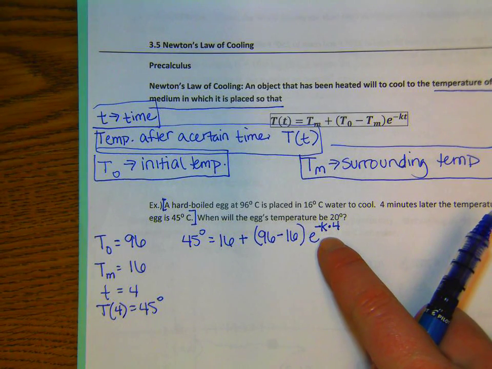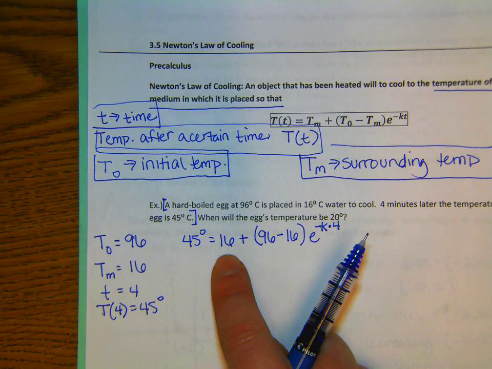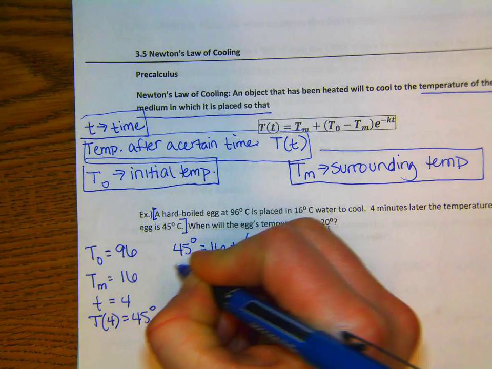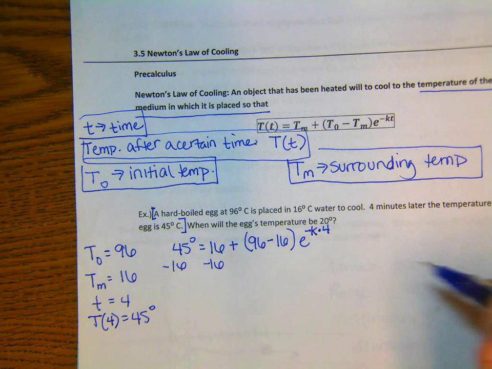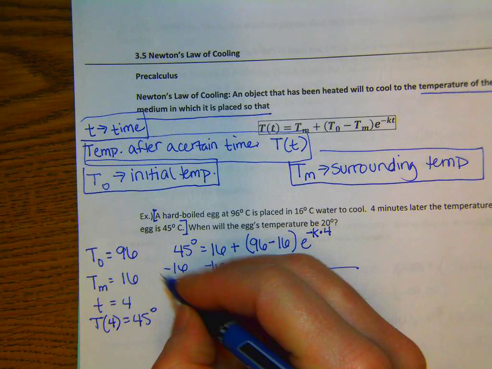So let's get e alone first, and then what are we going to do to get that k down? Natural log. Okay, first, would you guys subtract 16 for me? What do we get? Okay.